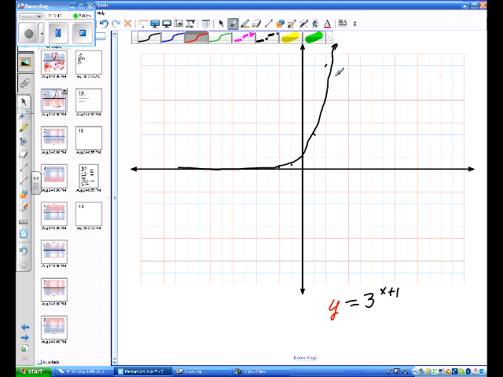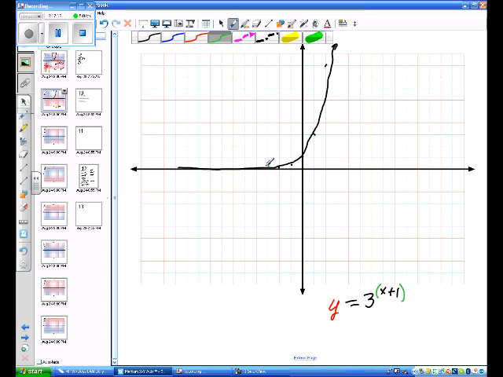Now, if you remember back when we were doing our transformations, the value that was with the x was understood to be in parentheses, and we would undo this. And so what this does is it causes our graph to move left or right. We would undo it by subtracting 1, so all of our points would go to the left 1.